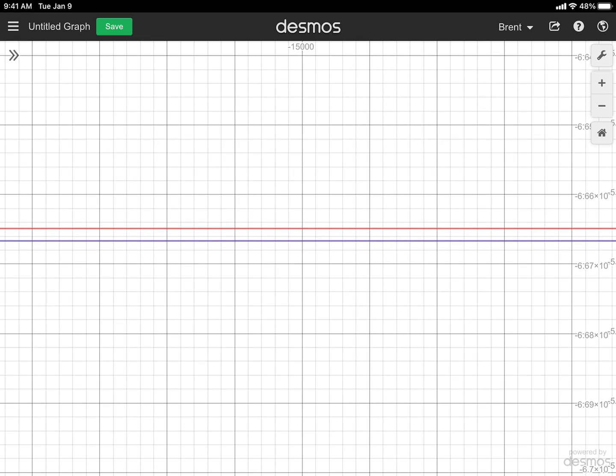We're talking about super small scientific notation, times 10 to the negative fifth, so like 0.0000001 for our scale. If I look at the two values here, negative 6.6649 times 10 to the negative fifth, and the purple one, negative 6.6667 times 10 to the negative fifth, those are microscopically close to one another.